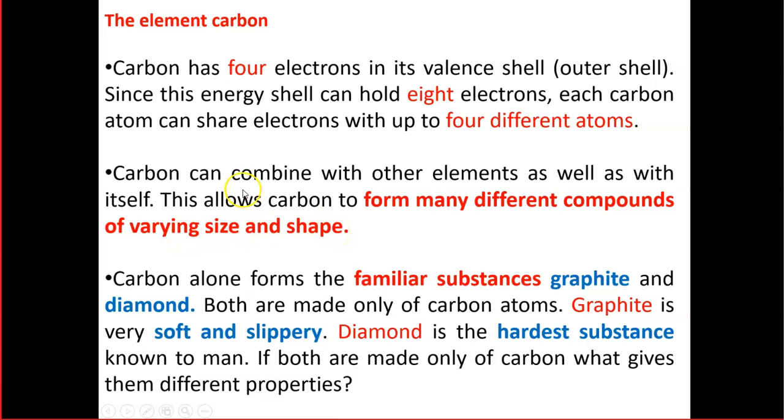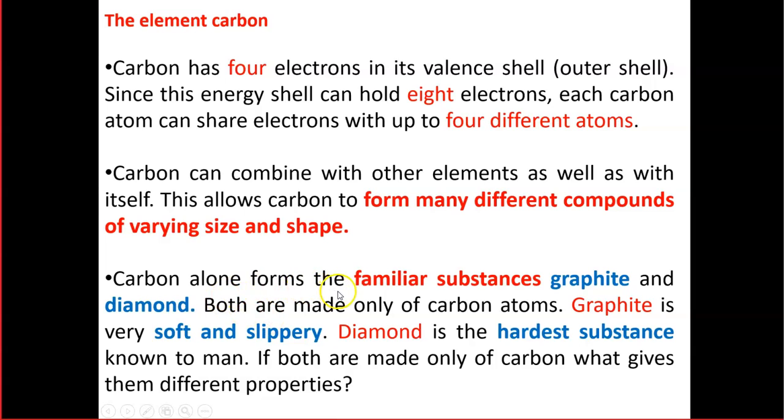Because of only four electrons, and it can combine with other elements and also with itself. Even when combining with itself, a lot of variety is there in its sharing, because the bond can be double, triple, or single, and depending upon bond structure, shape will also be very different. And depending upon shape, you have to study different arrangements.